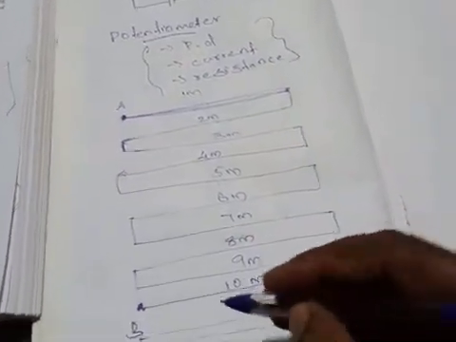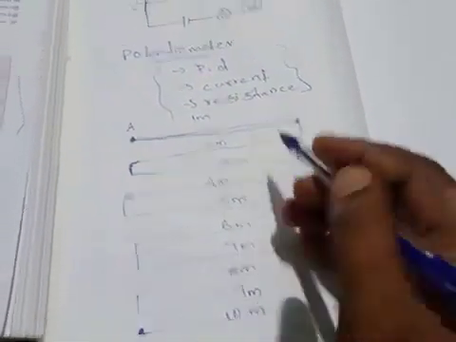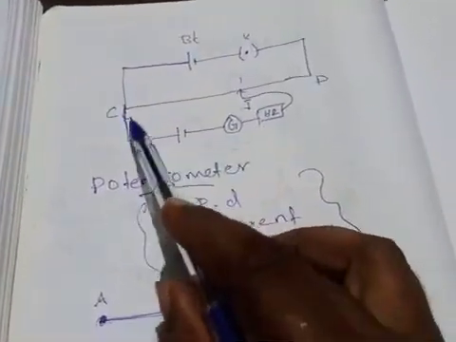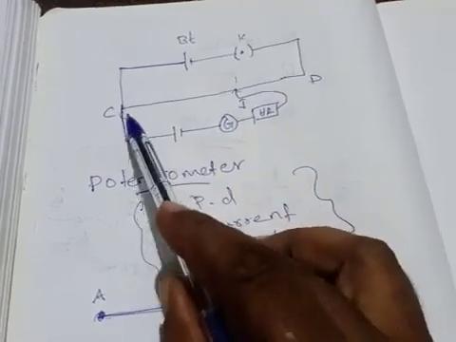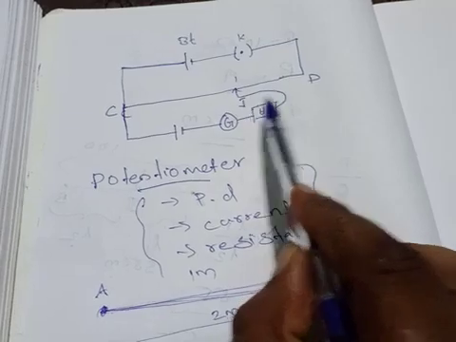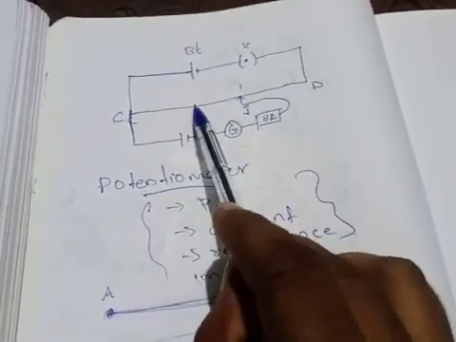And a jockey is also provided, so that we can make a contact. So here 10 rows will come, like this 1 2 3 4 5 6, and like that 10 rows will come. Here just one row is given as CD.